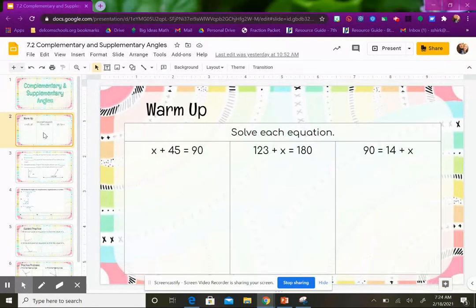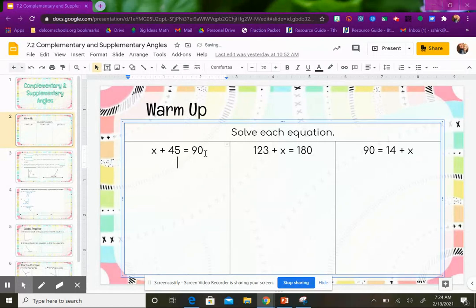First things first, we're going to do a warm-up, and it's solving equations, which you should notice are on your weekly warm-ups. What you'll do is get x by itself, and to do that, you do the opposite operation. For this one, you're going to minus 45 from both sides, and I get x equals 45, because 90 minus 45 is 45.